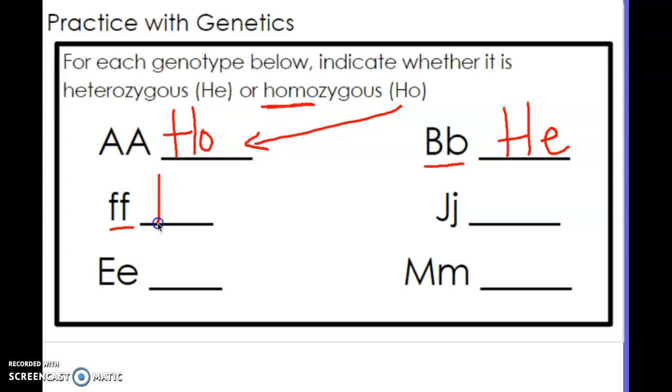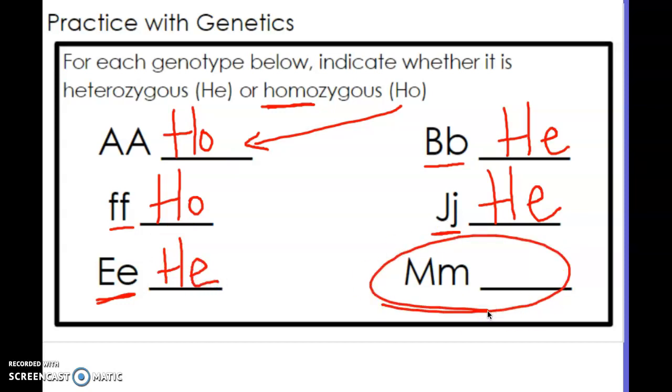Homozygous, same. We're going to write homozygous there. Big J, little j. Notice that those are different, so that's going to be heterozygous. All right, big E, little e is going to be different, so they are heterozygous as well. And then it is up to you to determine what that big M, little m would be.